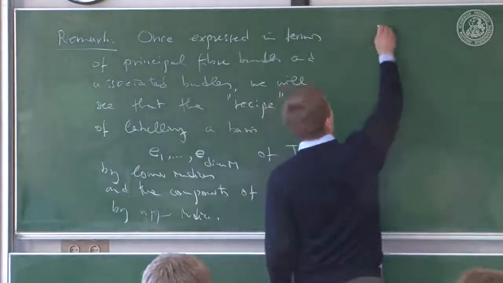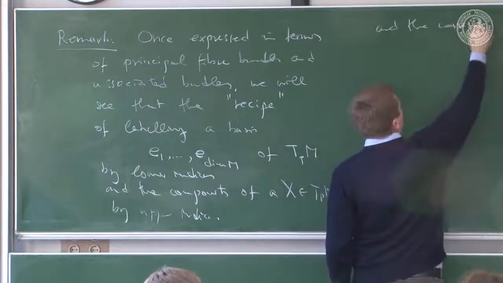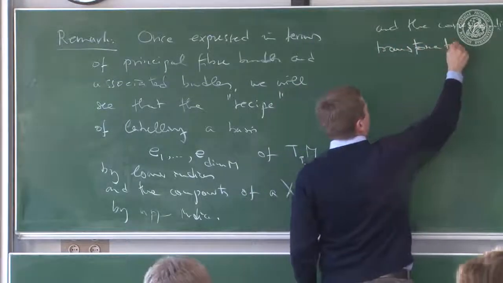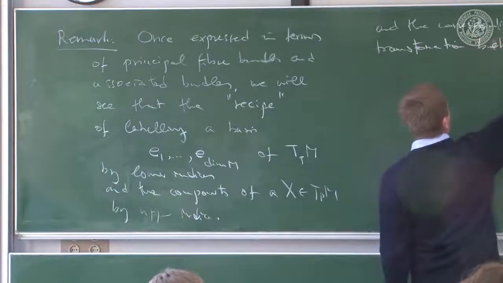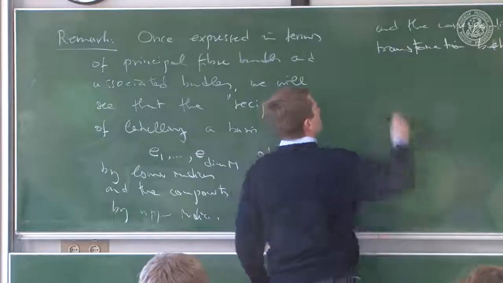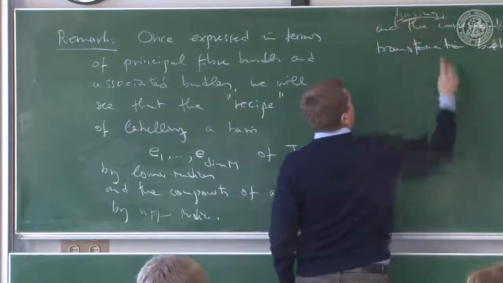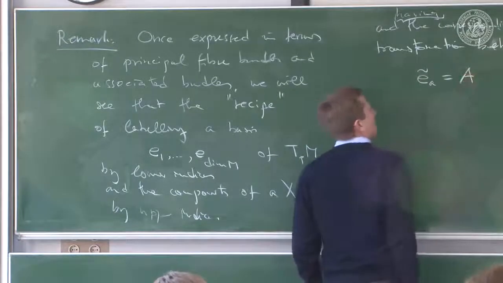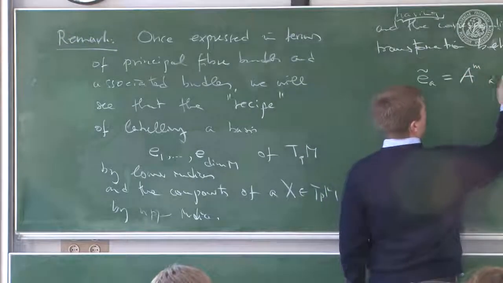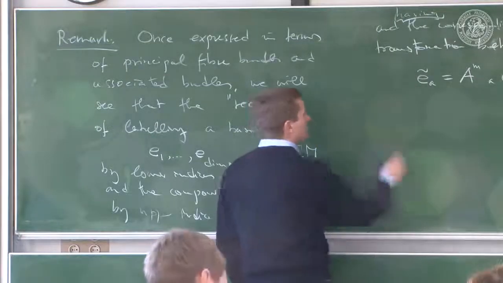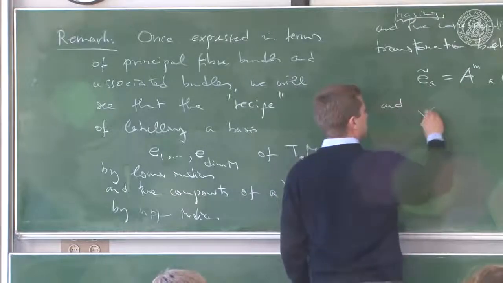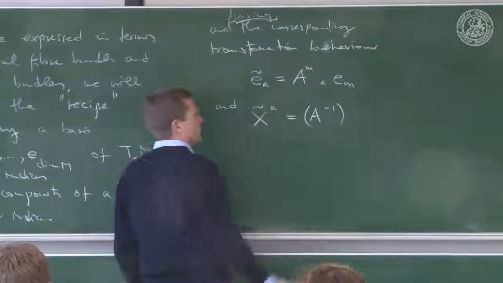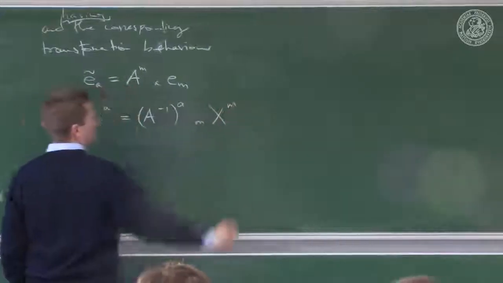and the corresponding transformation behavior, that if you define a new basis by some matrix A, E tilde m equals A times E m for all the basis vectors, then correspondingly the new components of a vector are given by precisely the inverse of such a transformation, right?